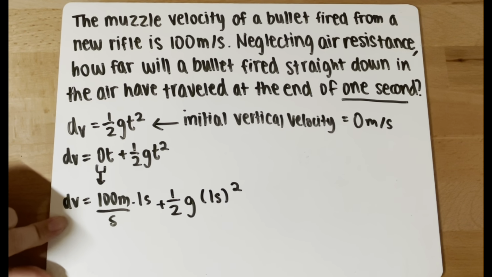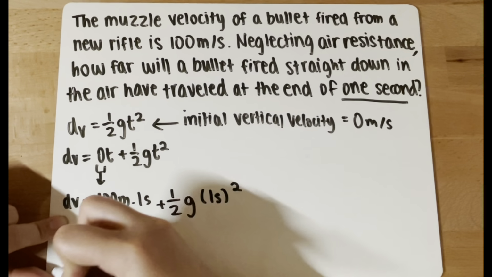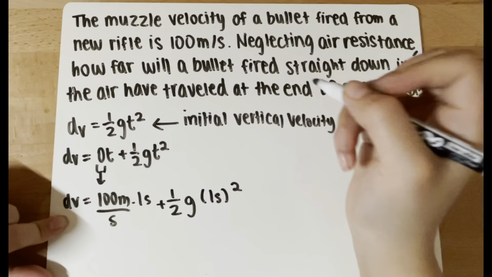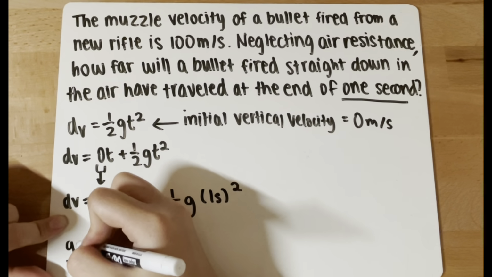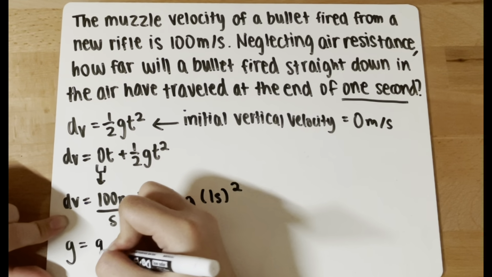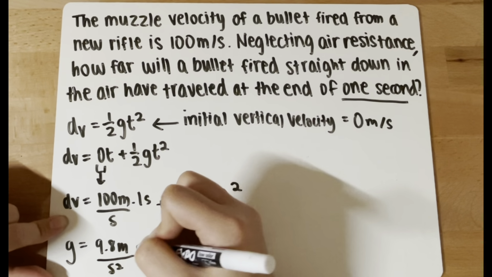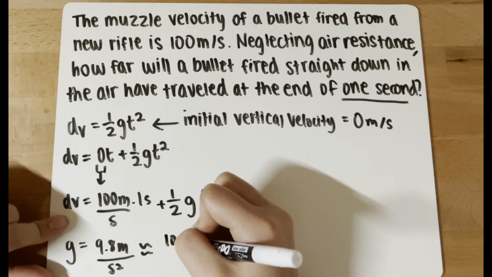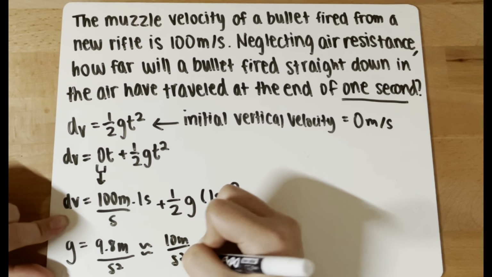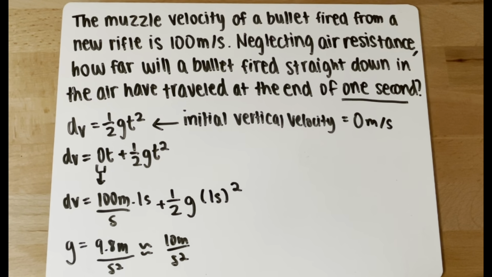Okay, now the only variable that we have to plug in for is g, and we know that g is equal to 9.8 meters per second squared, which is around 10 meters per second squared. That is the acceleration due to gravity.